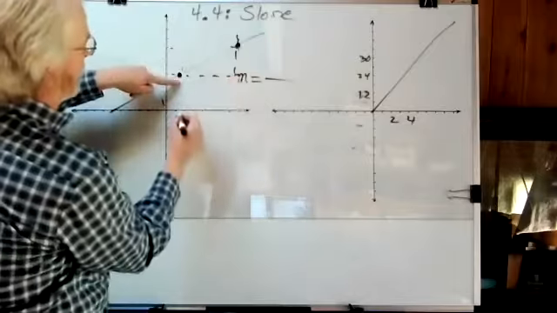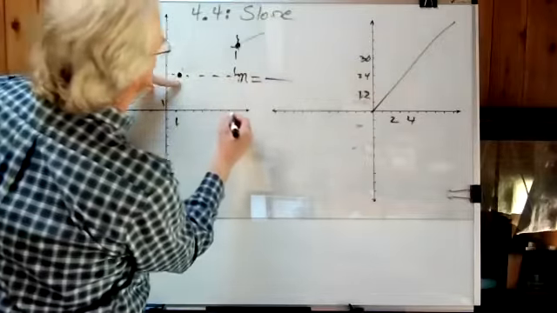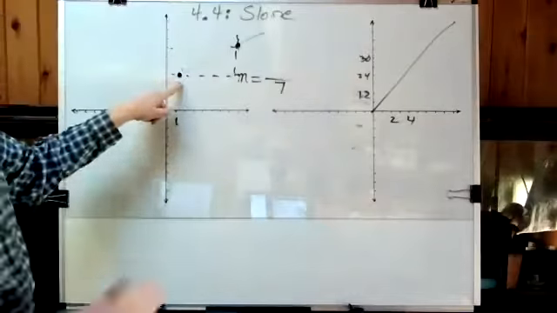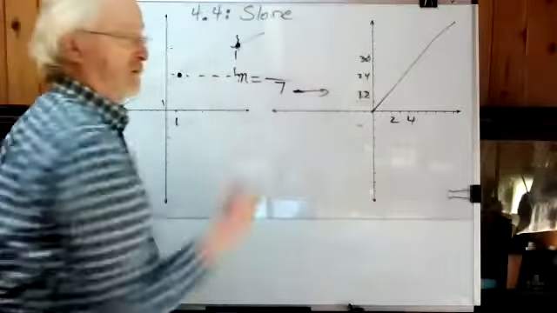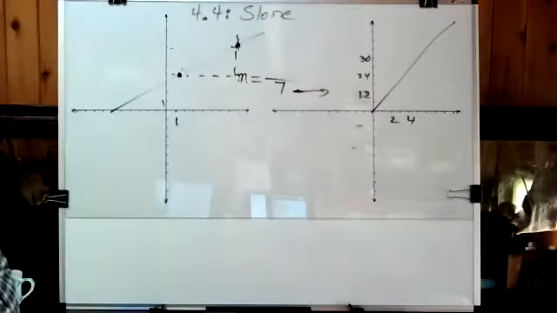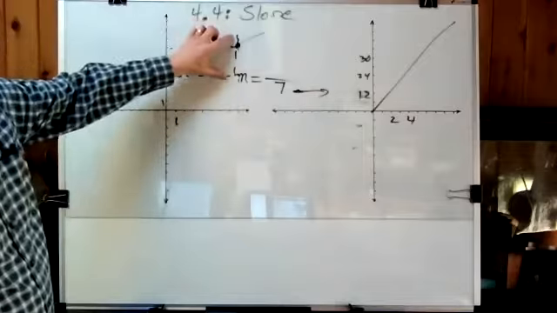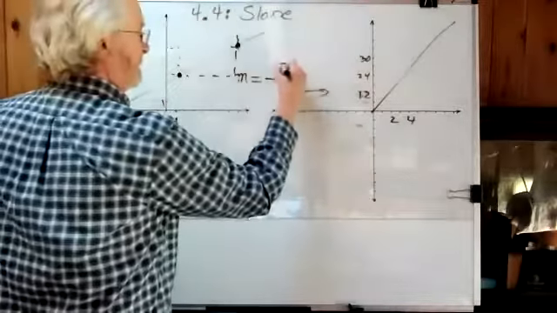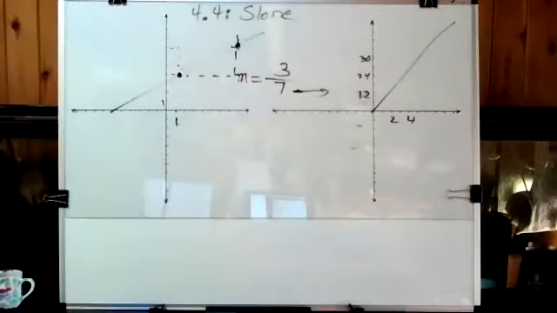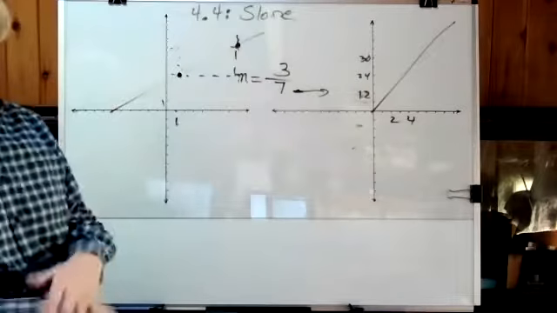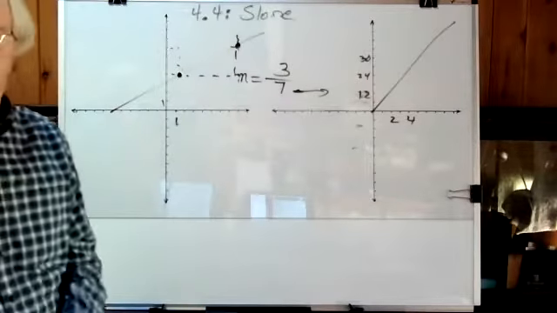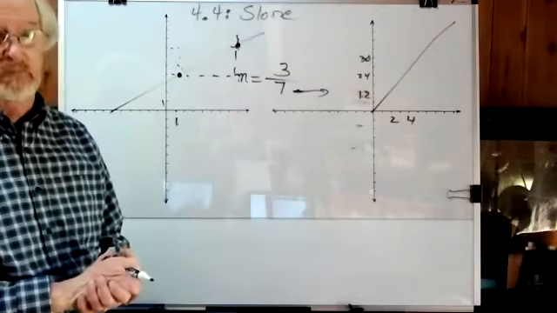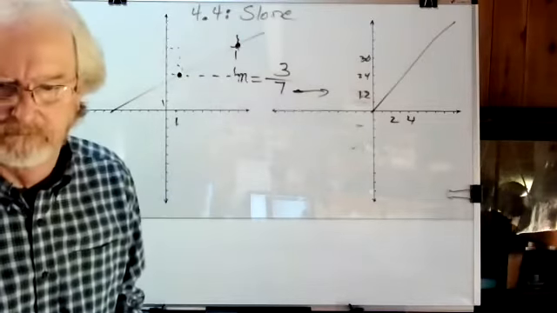How many units here? I went 1, 2, 3, 4, 5, 6, 7. I'm going to call that 7 for my run. My horizontal change was 7 units. How much is this change? I went 1, 2, 3, call it 3. There's my slope, a slope of 3/7. Who knows what the story is for this problem, but I'm just trying to come up with this number, right?